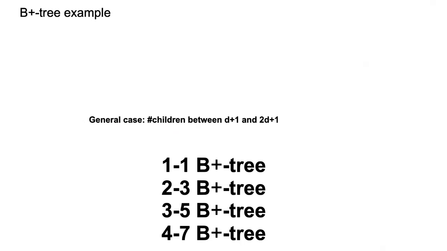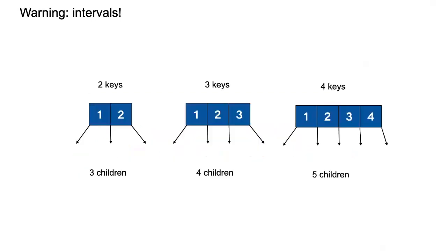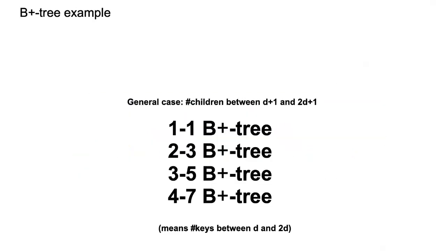And I use this D+1, 2D+1 convention. You just need to be aware that there are others, and this is just for the purpose of the course. Who is with me? Yeah, awesome, perfect. All right, that takes care of it. So if you have D+1, 2D+1 for the children interval, then you have between D and 2D for the number of keys.